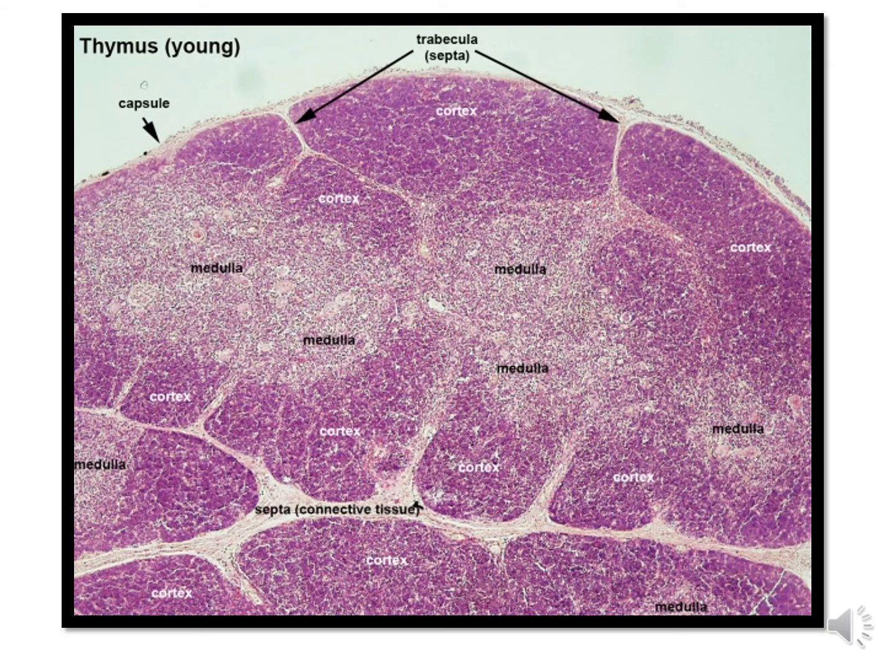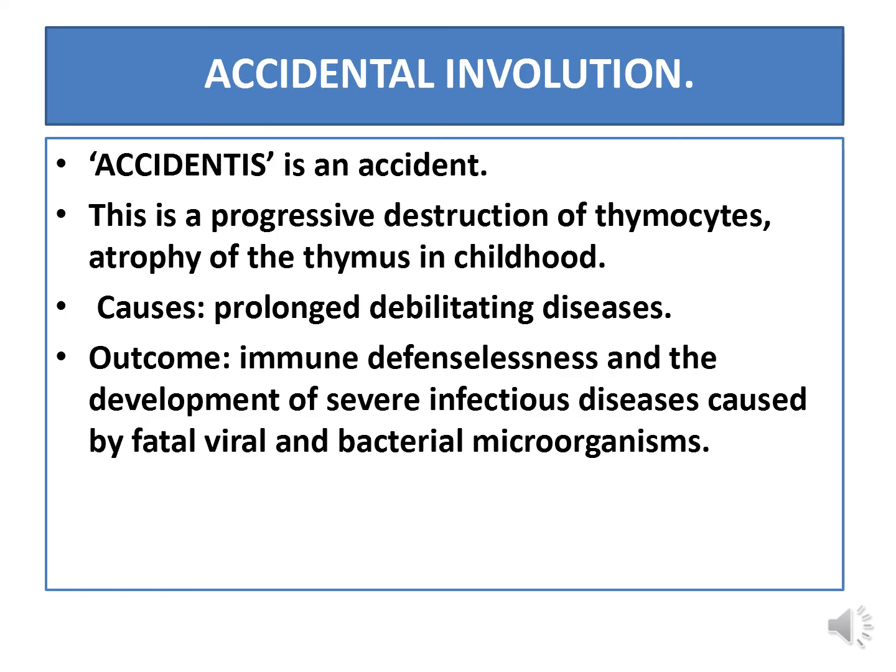But starting with these issues, I would like to remind you of the normal histology of the thymus. In a young person, we see the lobules, the cortex of the thymus, and the medulla. All lobules are divided by connective tissue septa, and a capsule covers the thymus organ.